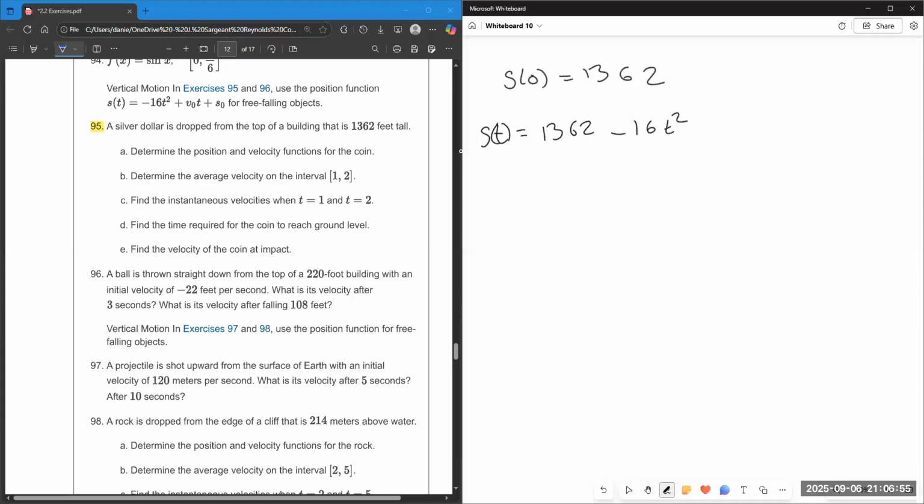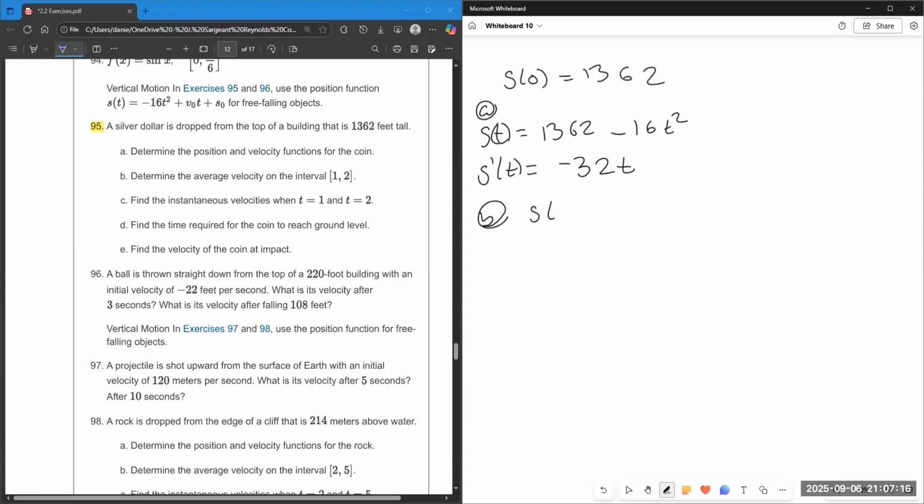It's my position equation, and my instantaneous velocity is going to be negative 32 t, since it started from rest. So there's A. Part B, determine the average velocity on the interval of 1 to 2.